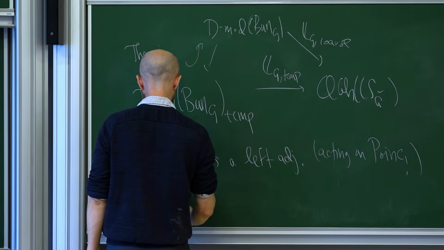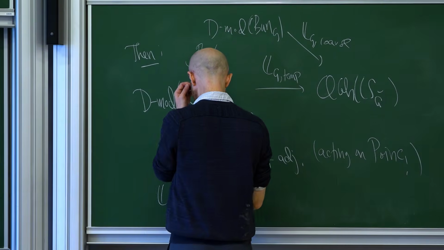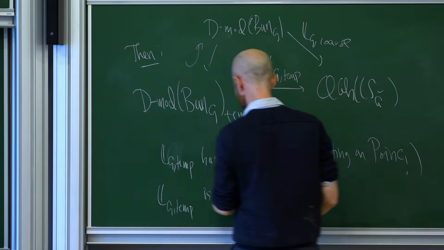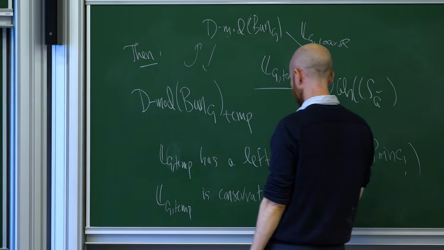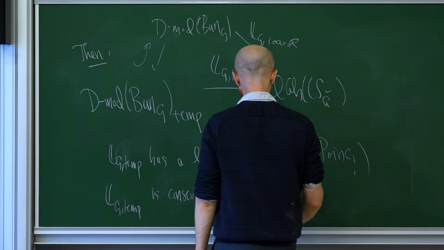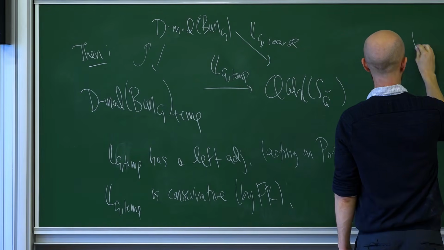And also this L_G temp is conservative, so the only objects it sends to 0 are 0, and this is an FR result.